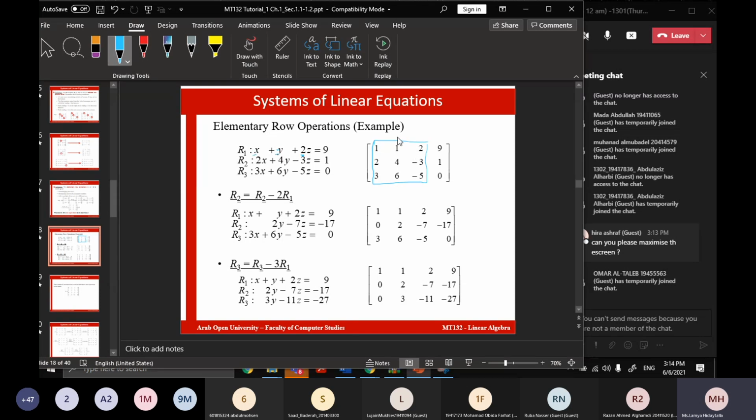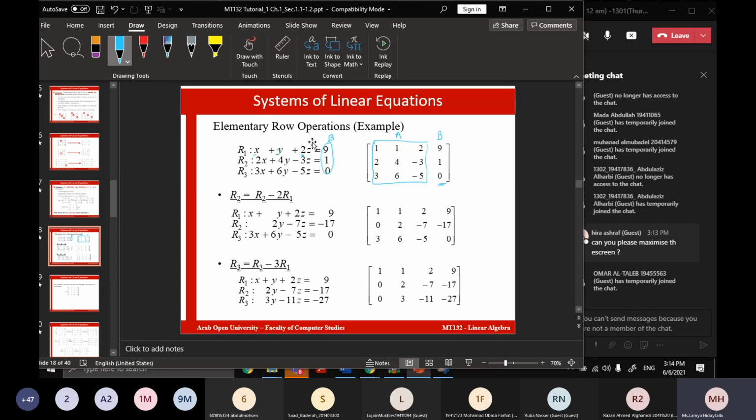This is the A. And here, these are the constants, the B. So this is our augmented matrix.